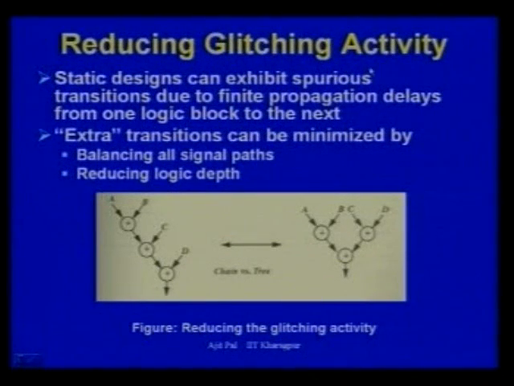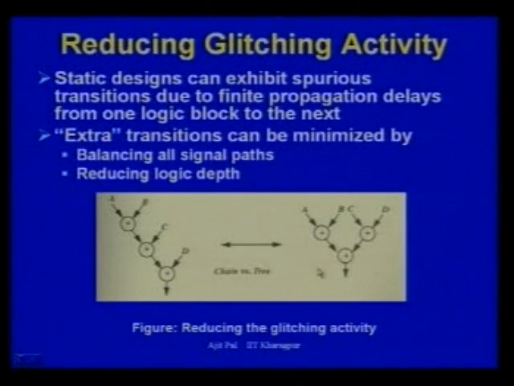Coming to reducing the glitching activity, I have told you that because of delay, glitching power dissipation occurs. You can see the signal is reaching here a little later than this signal. As a result, glitching power dissipation is occurring here, and similarly this signal is reaching later than this signal. Glitching power dissipation is taking place here, which I have explained earlier. Instead of realizing the circuit in this manner, you can realize it in a balanced manner like this.